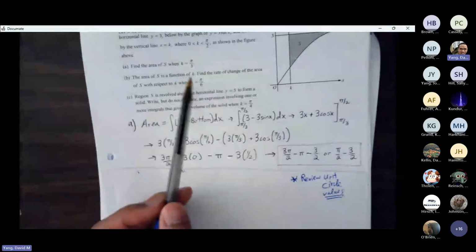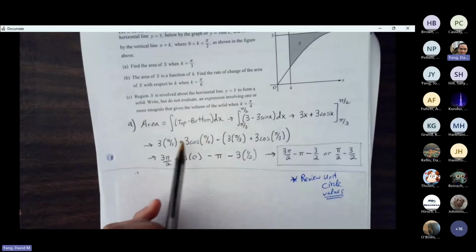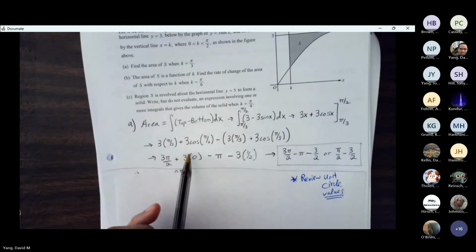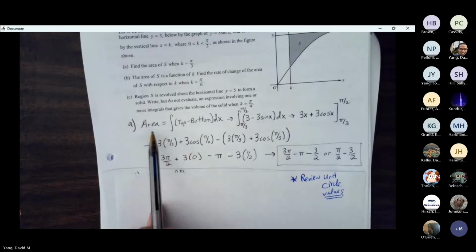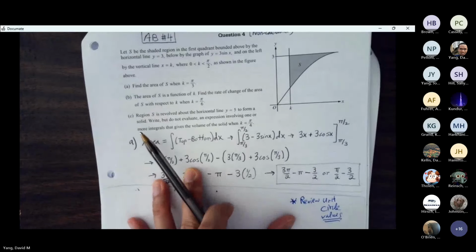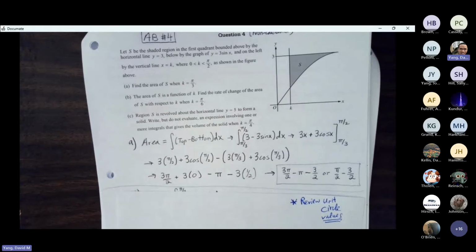Part B, the area of S is a function of K. Find the rate of change of the area of S with respect to K when K equals pi over 6.